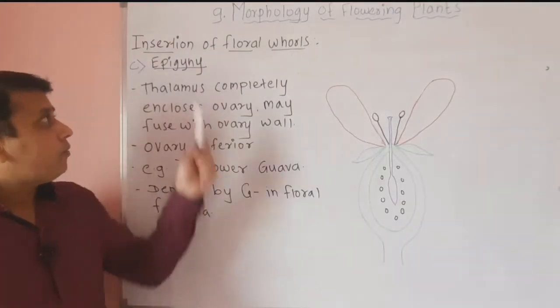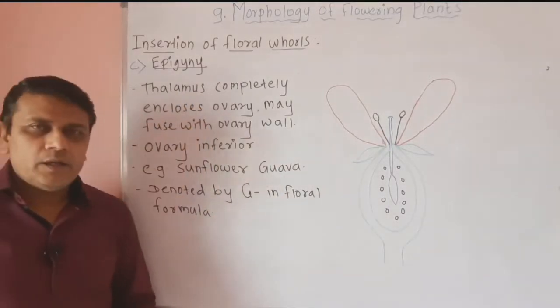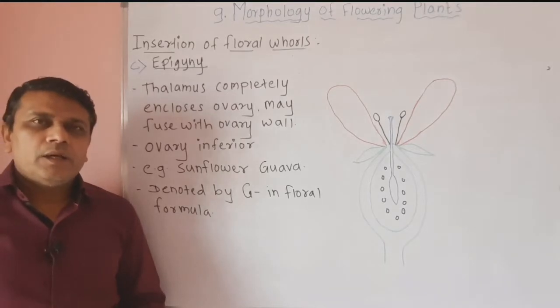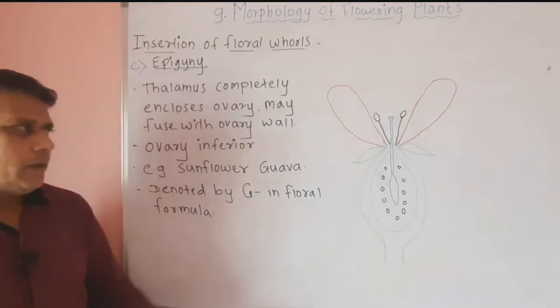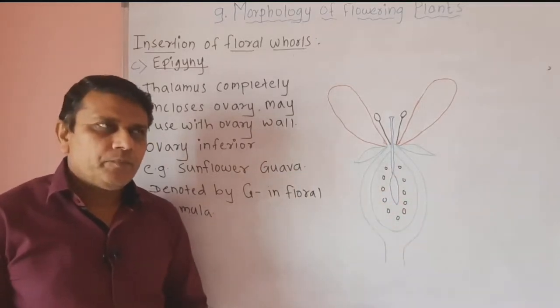Then the next type of insertion of floral whorls is epigyny, and the flower which show epigyny are called as epigynous flower. Here in this diagram we can see the epigynous flower.